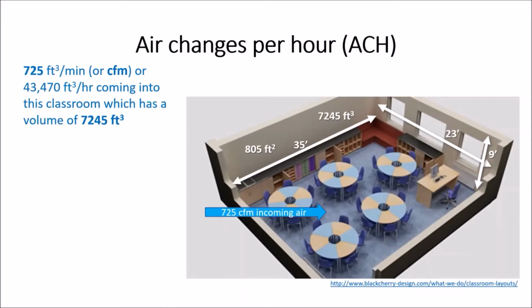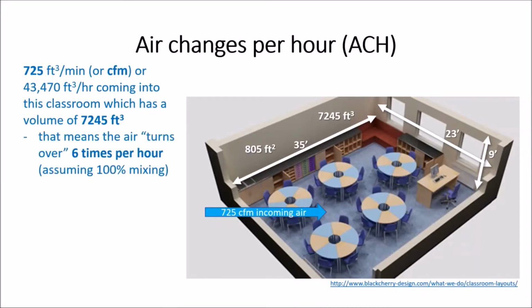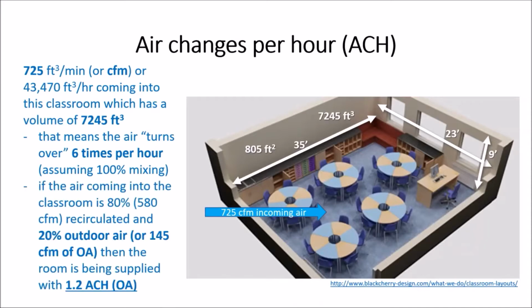So 725 CFM is just over 43,000 cubic feet in an hour in a room that's just over 7,000 cubic feet. And that works out to 6 air changes per hour. And that's assuming you're getting good mixing. And in a classroom, especially if kids are walking around, mixing is pretty good.